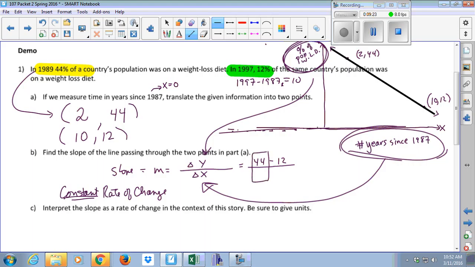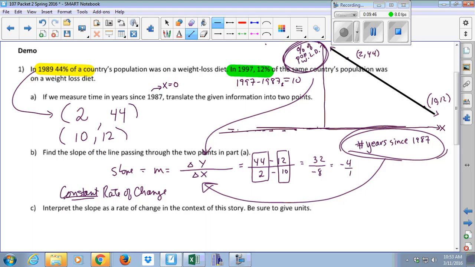So you want its partner, 44's partner, to be right below it. So when it was 44%, it was 2 years after 1987. Take away, and then what was 12's partner? 10. So this is going to be 32 divided by -8, which gives us -4 over 1, which most of us will just call -4.